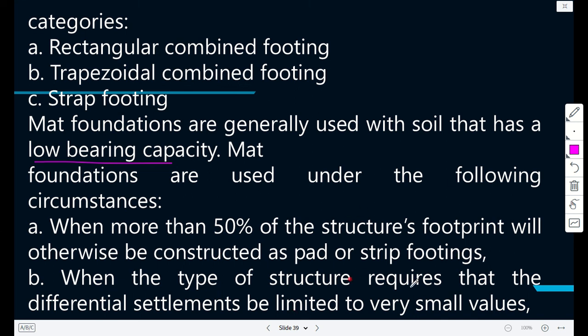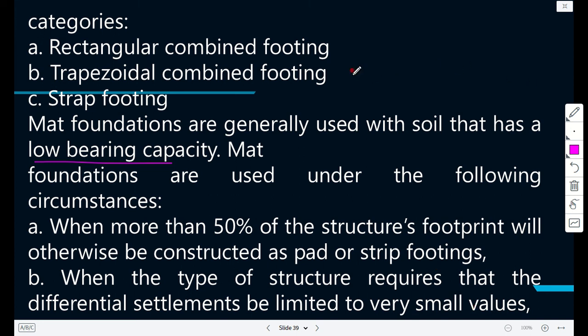In other words, a mat foundation is one big pad foundation, but now it's supporting several columns. It is used when the type of structure requires that the differential settlements be limited to very small values. Once you have one large rigid pad, it spreads the pressure.